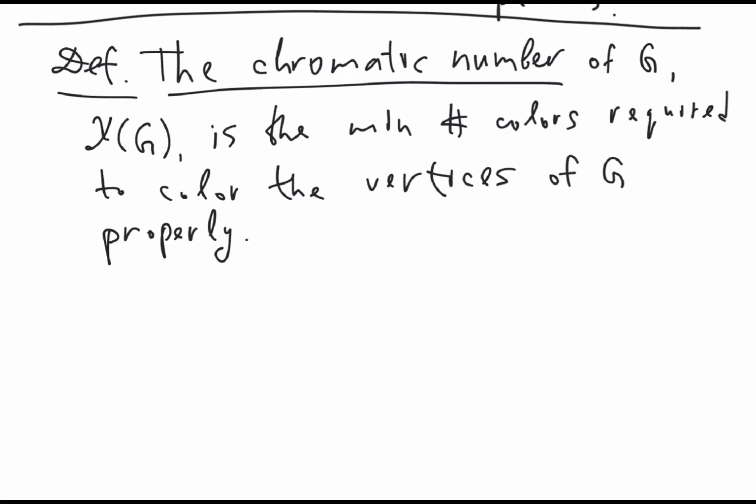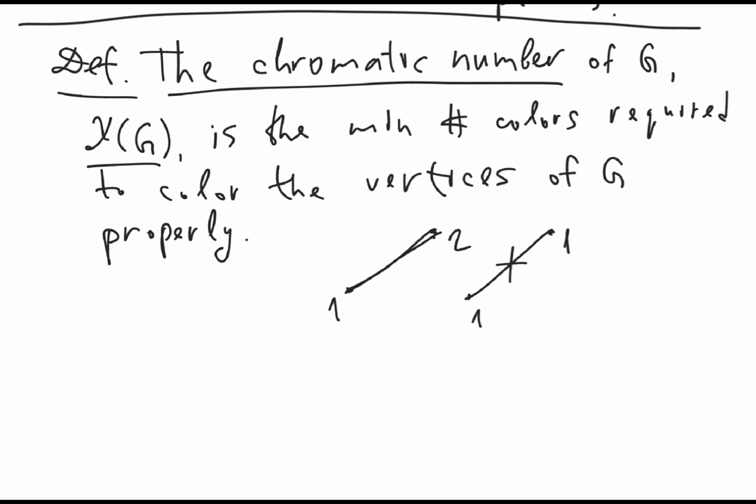A proper coloring is when any two adjacent vertices that are connected by an edge are colored into different colors. The situation where adjacent vertices are colored into the same color is prohibited.